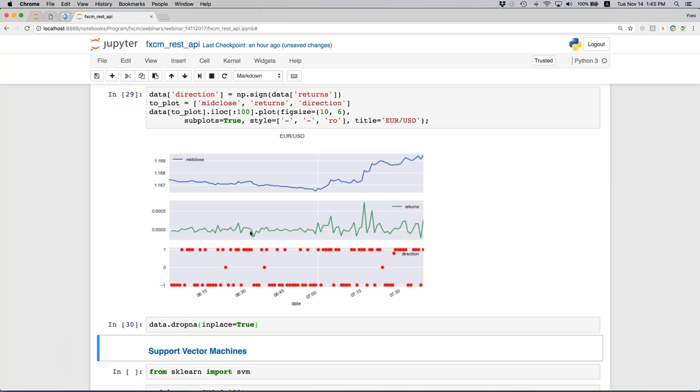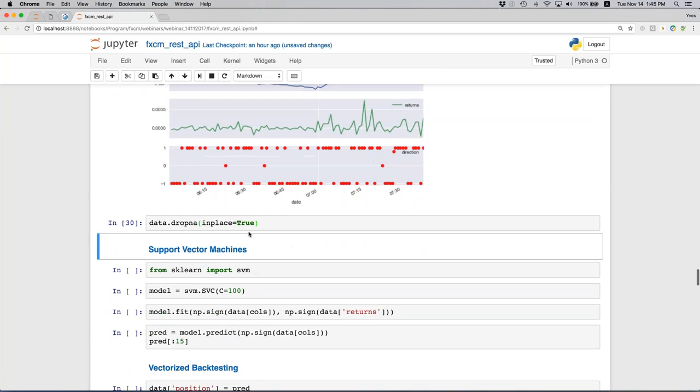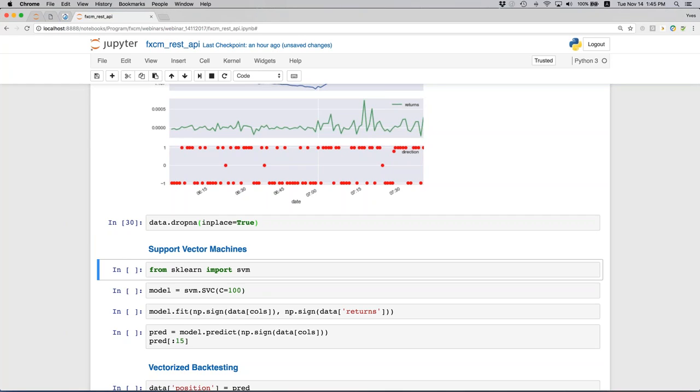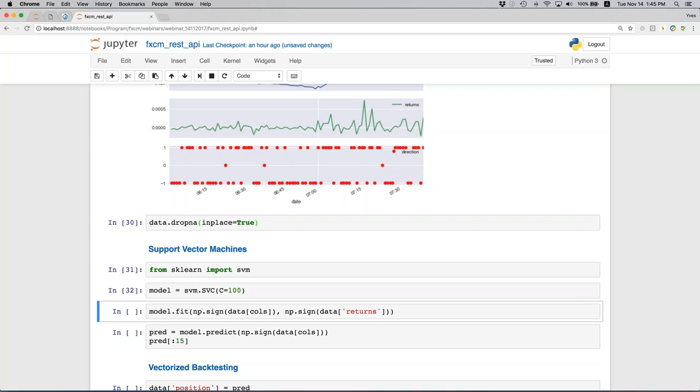You have seen this, but you have seen this in the slides based on end of day data. Now let me apply the machine learning algorithm. Here it's SVM, support vector machines. And you see the whole application of this algorithm is, if you like, 4 lines only. Here I'm importing this from the machine learning library. Here I'm setting up the model. The next step is the major one.